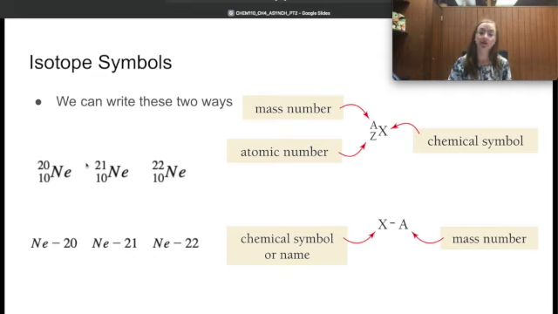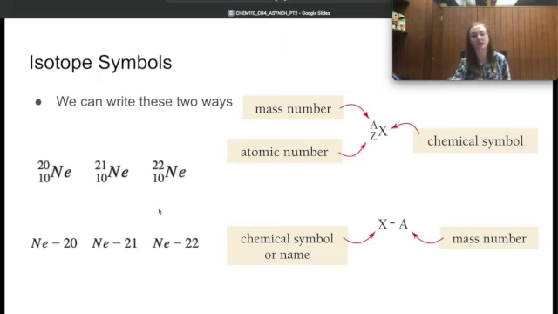This number at the top represents protons plus neutrons, so if I'm not changing the protons, I must be changing the neutrons. So here I have 10 neutrons, 20 minus 10 is 10. Number of protons plus neutrons minus number of protons gives us the number of neutrons. So 20 minus 10 is 10, 21 minus 10 is 11, and 22 minus 10 is 12 neutrons.